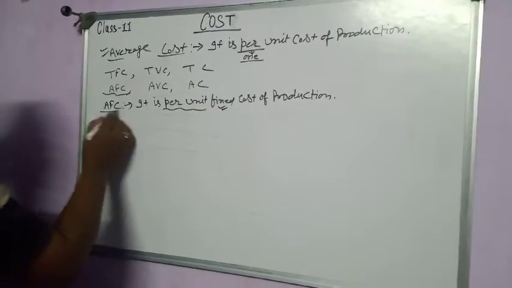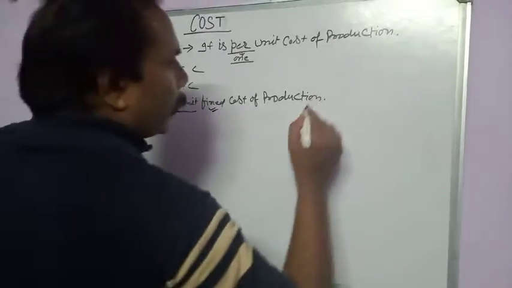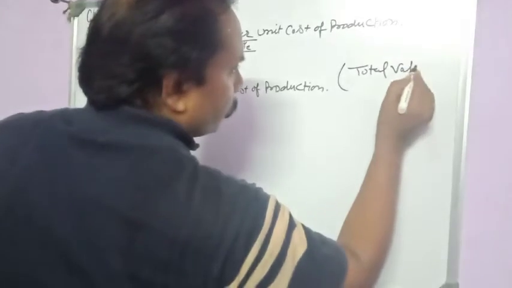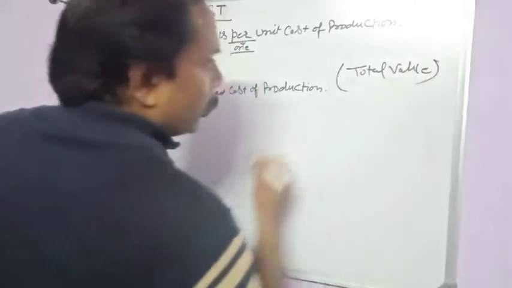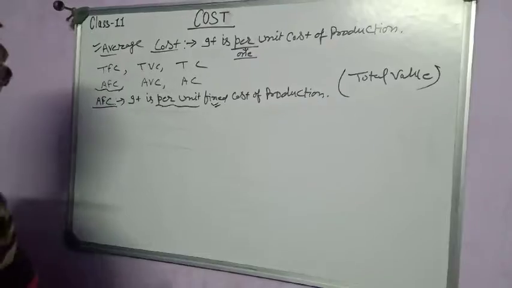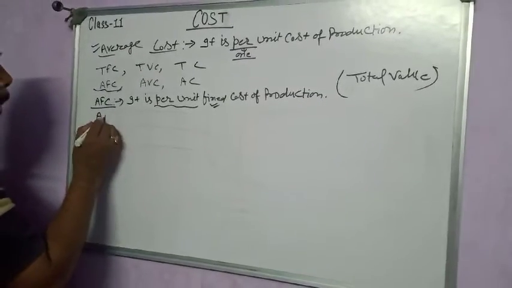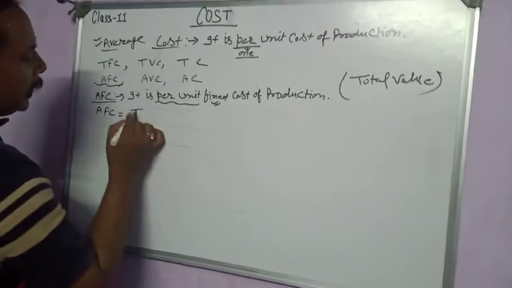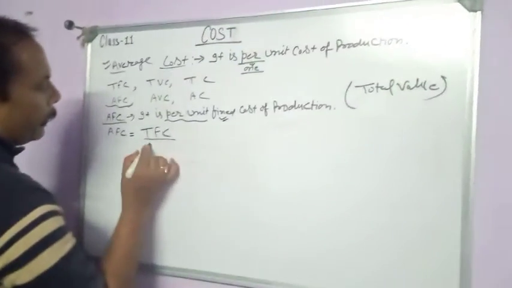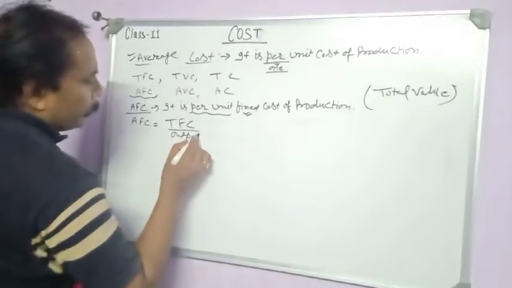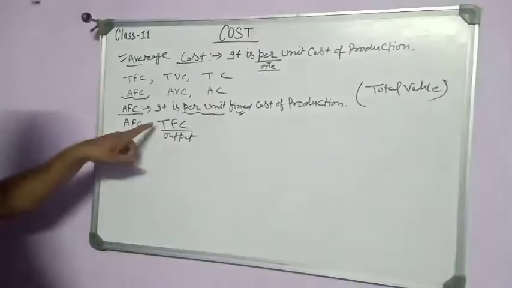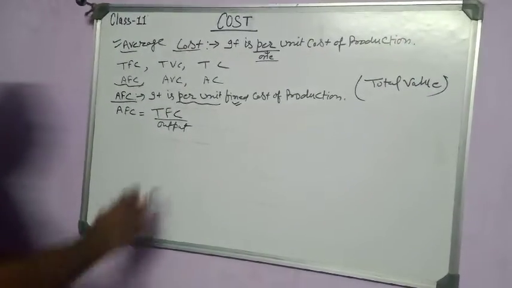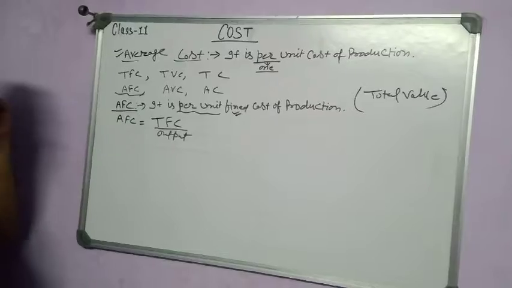So average is always calculated on the total values. So it is based on total value. So here AFC is equal to TFC divided by output. Clear? So T indicates total value. So total value divided by output is known as AFC.